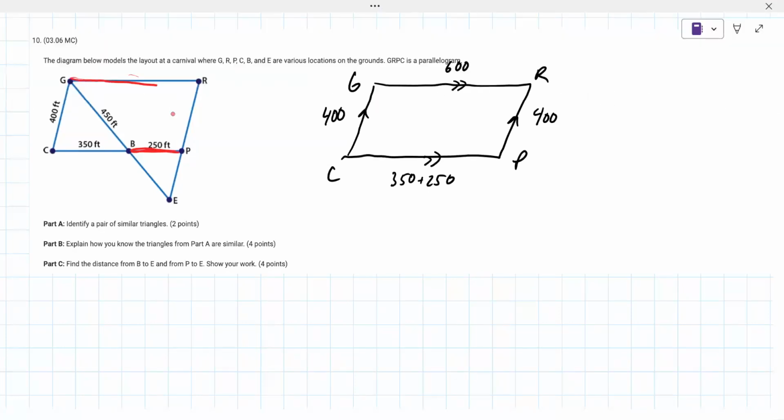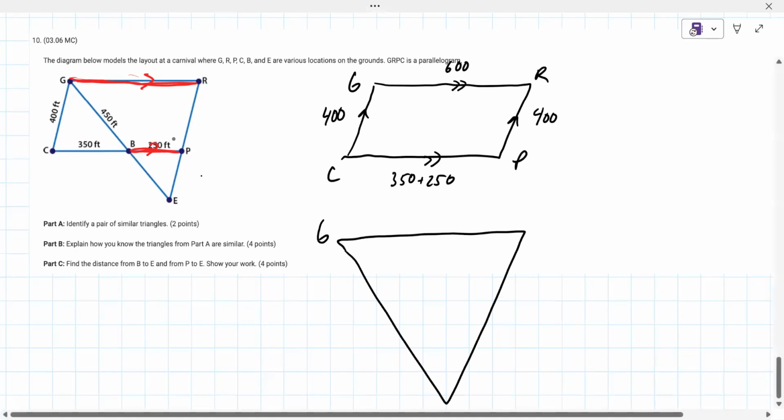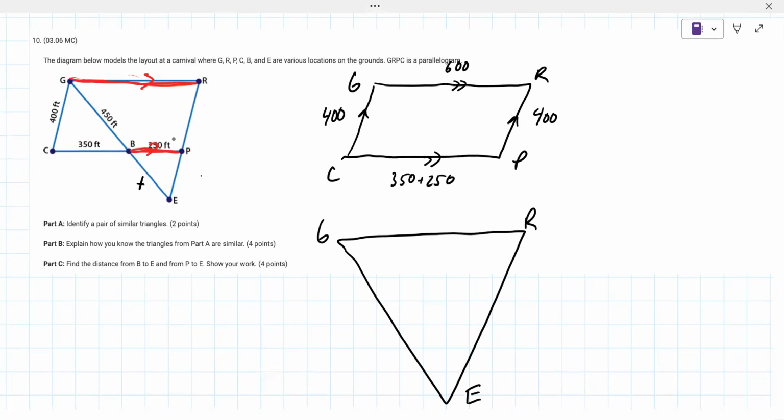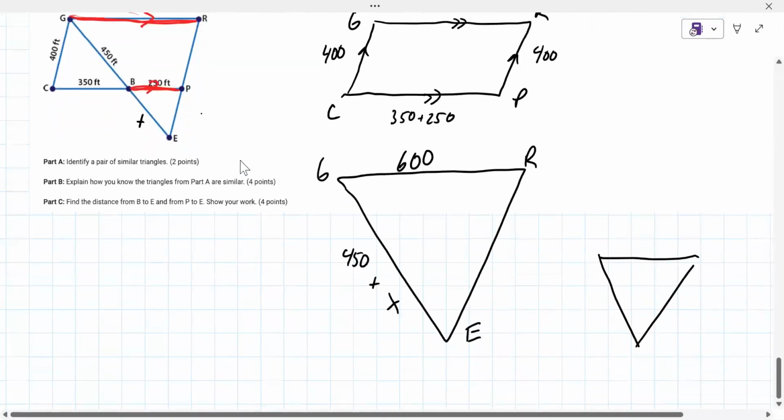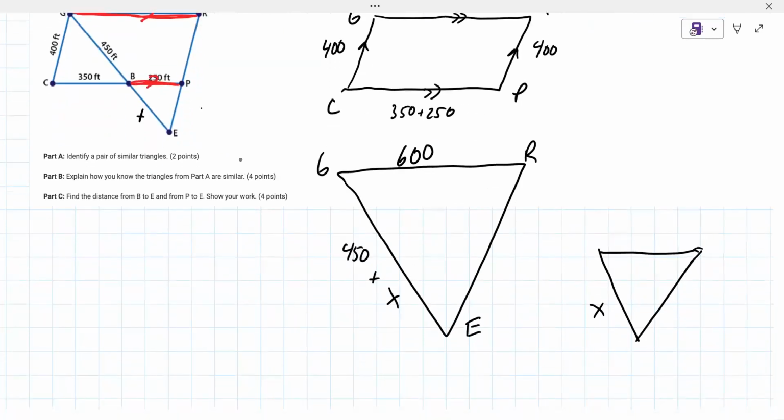This line being parallel to this line is going to reveal that triangle, the big one, GRE, which has, and I'll call this X, 450 plus X like that. And actually, we do know that the full length is 600. And then we've got the smaller triangle here, X, and then we know that this is 250.